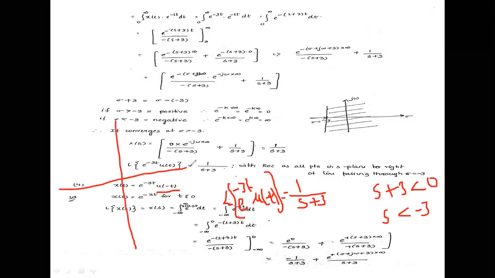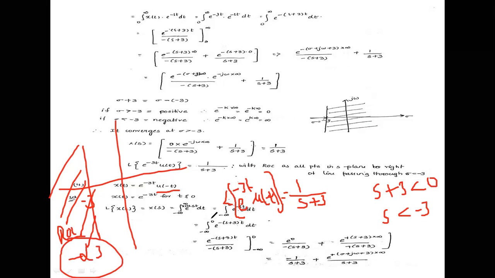So what is the region of convergence? Minus 3 is here, and the region of convergence is from the left side. The ROC is from minus infinity to minus 3. Got it? For this reason only, we need the region of convergence.